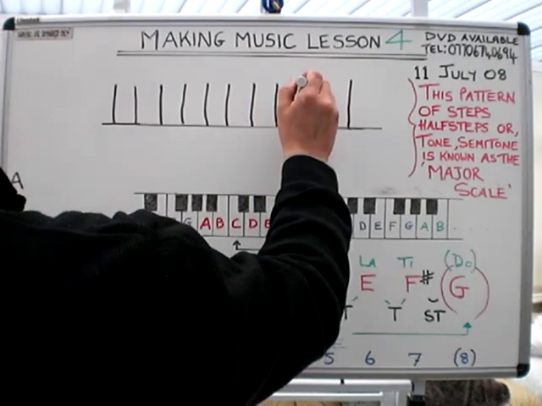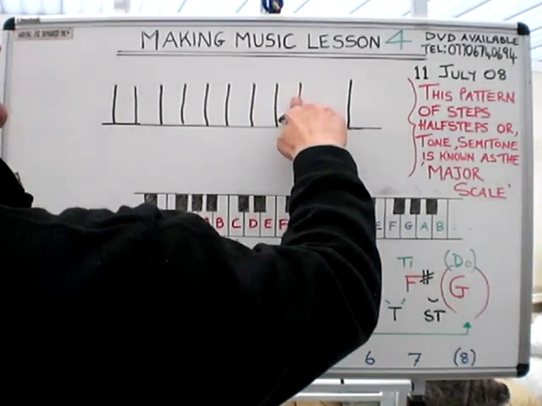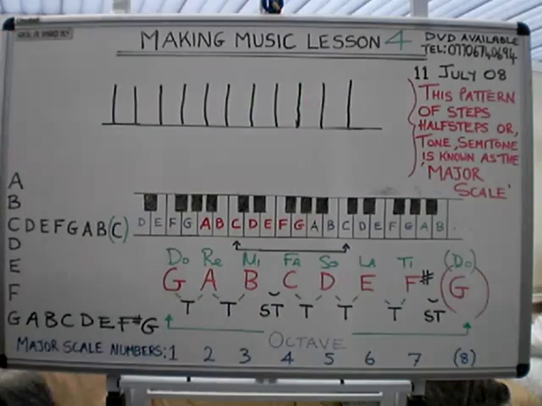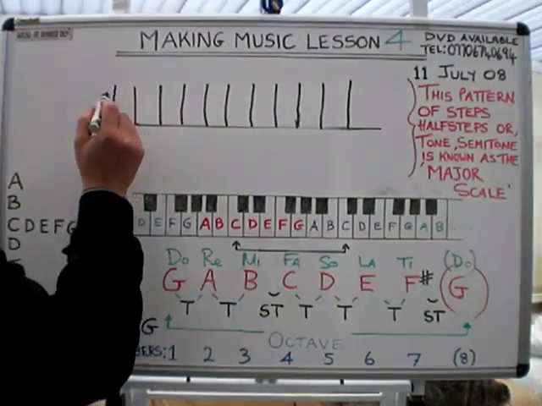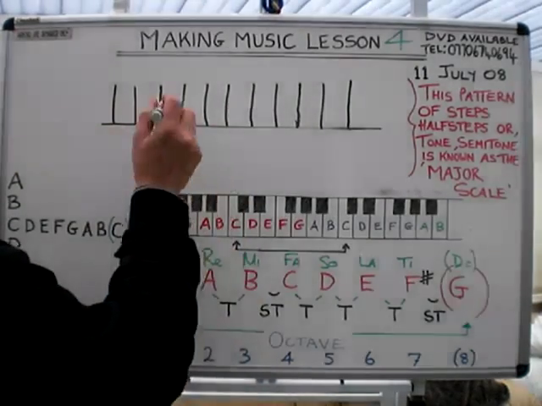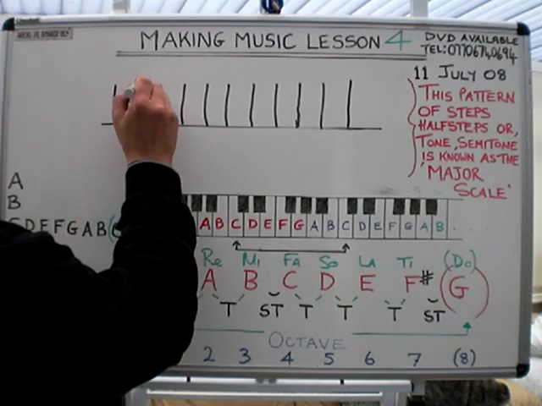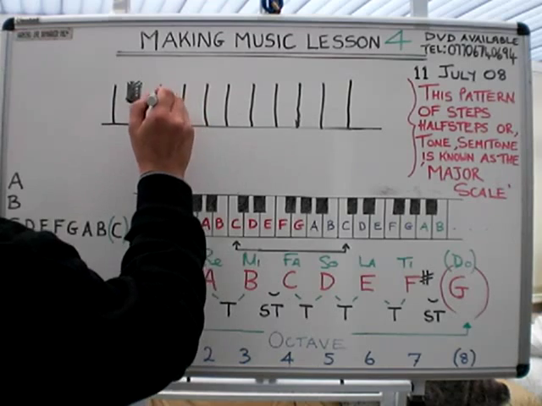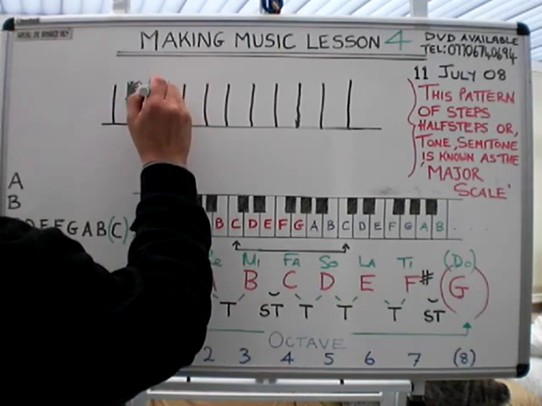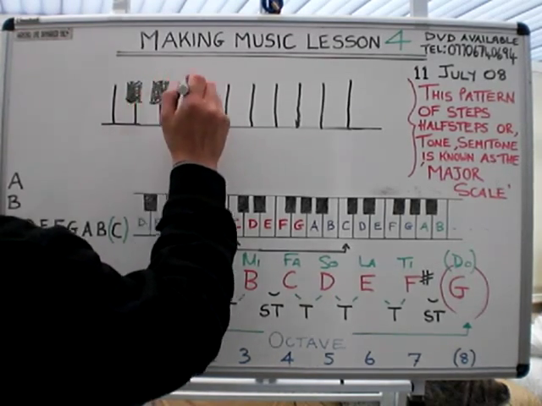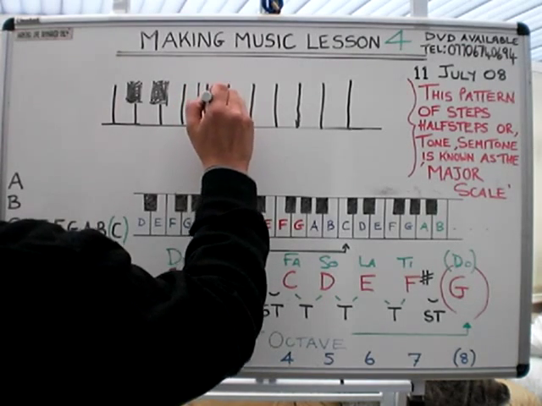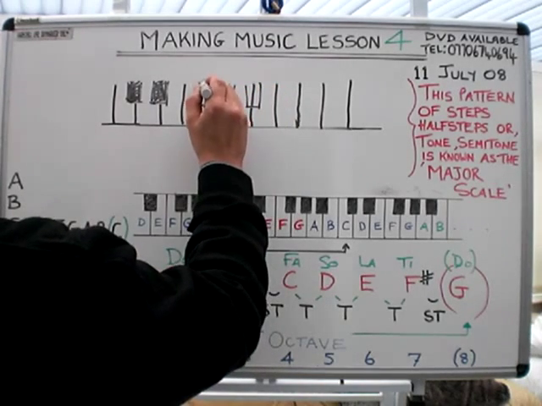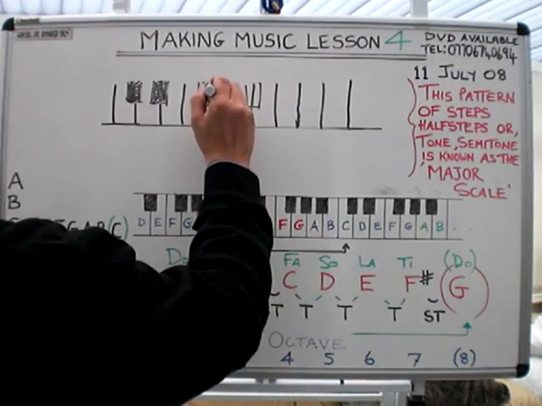Okay, they're not very straight lines, but you get the point. Scrub that one out. What I'm going to do, we're going to repeat some of these patterns here. I'm going to put one here and just squiggle it out like this, and another one there. Again, squiggle out to represent the black keys.